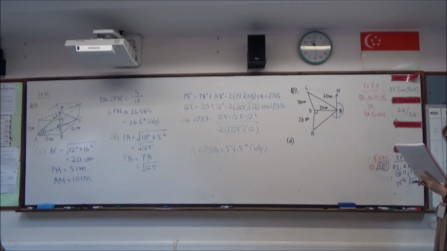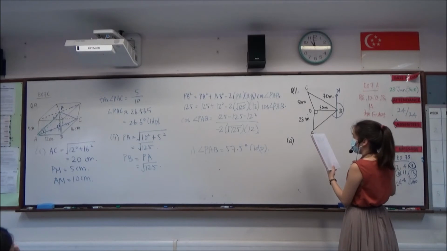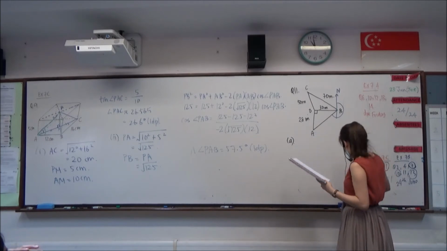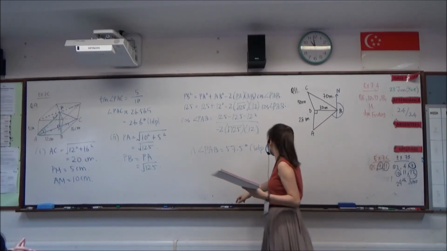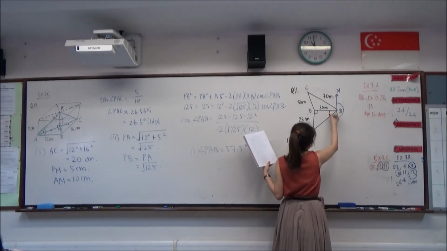The question says that O is due west of B, or rather B is due east of O. So what we can do is to first find angle ABO, which is this angle here.